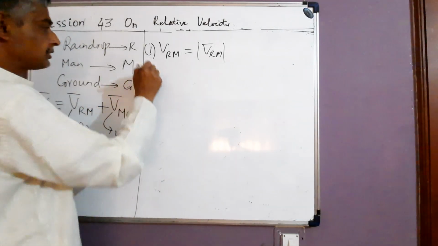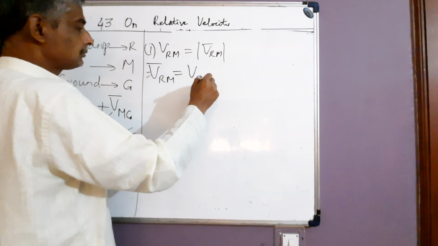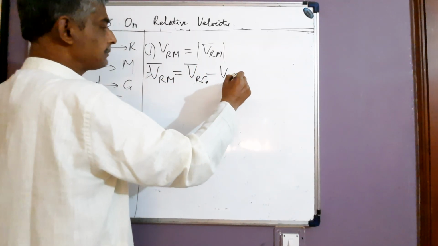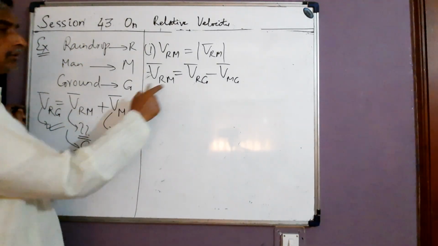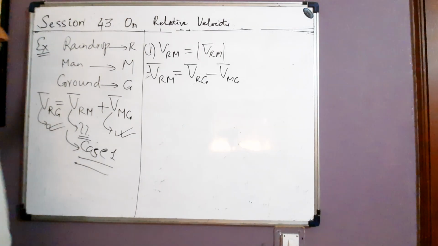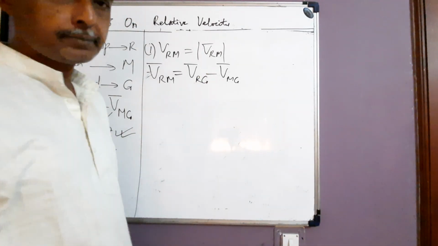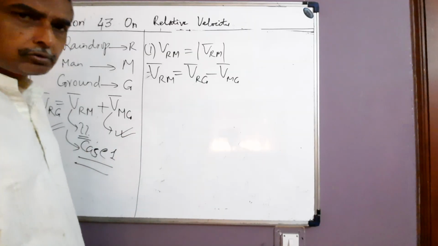From this vector equation, we see that VRM is equal to VRG minus VMG. Now either we apply the vector formula, or we can draw the diagram and then solve. That also we can do.